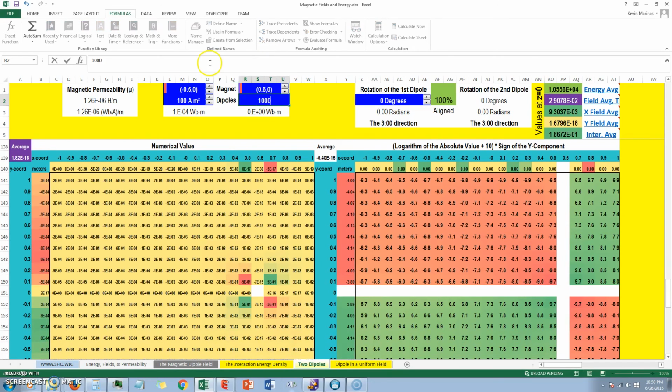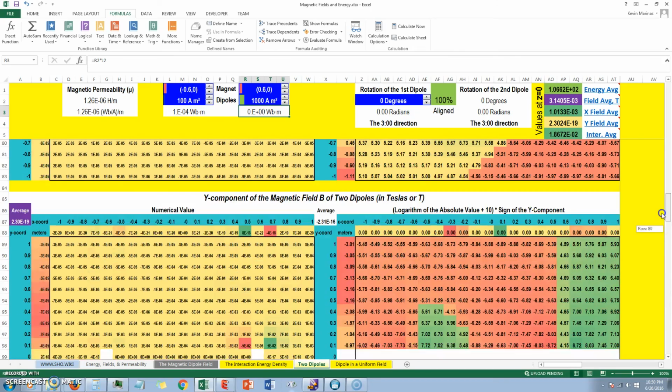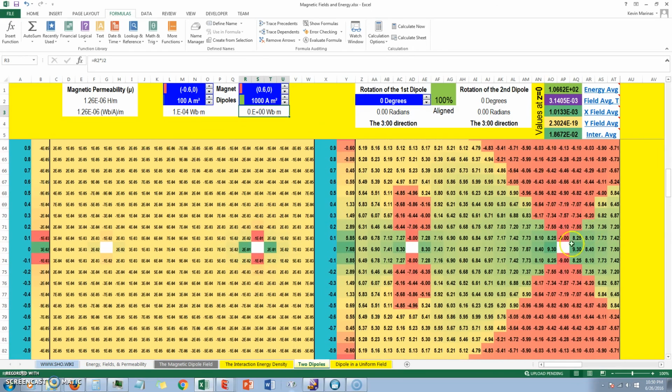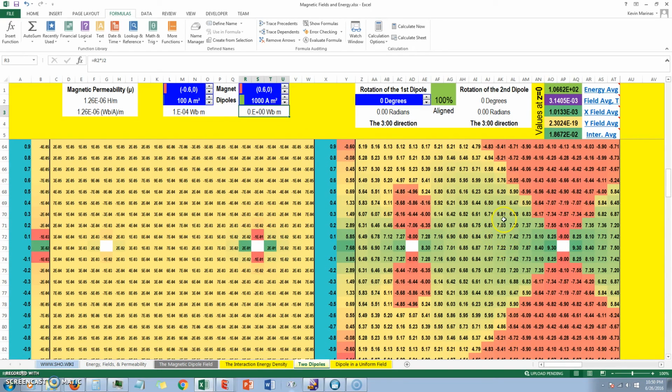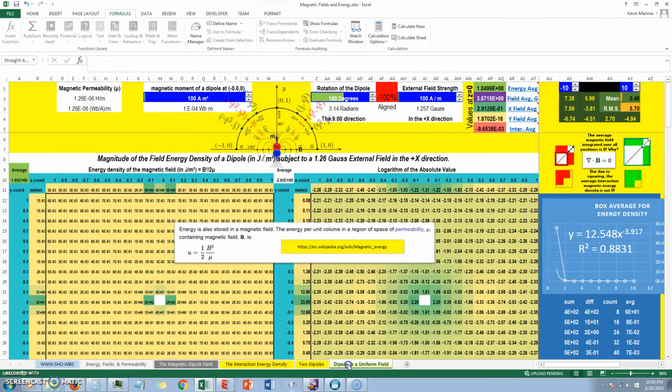So let's say we did this a little bit less extreme. Imagine there's just a really large magnetic field from far, far away. So that's what it really is.